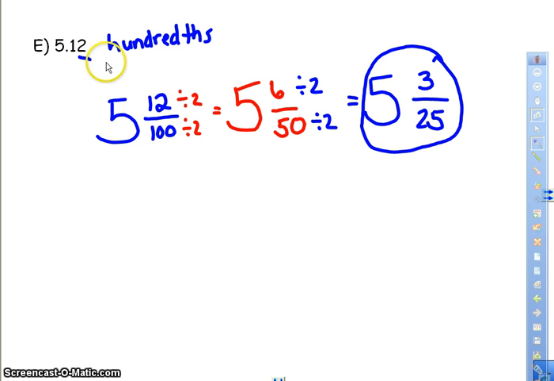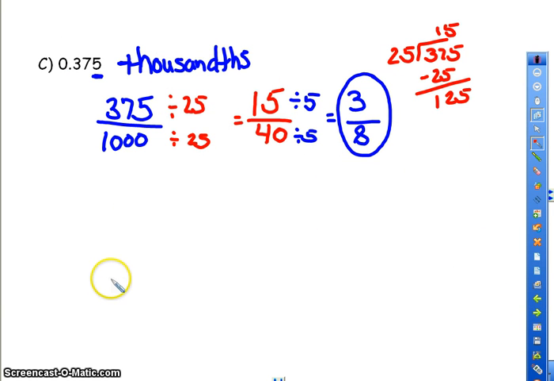So once again, we are using the place value to determine my denominator. Then the numerator is determined by everything behind that decimal. So my 12 behind the decimal becomes my numerator. If I have a whole number out front, I put it there. If I don't, then I leave it alone.